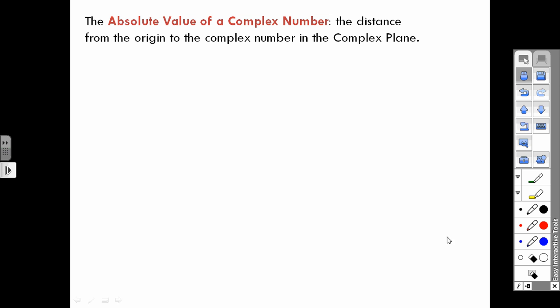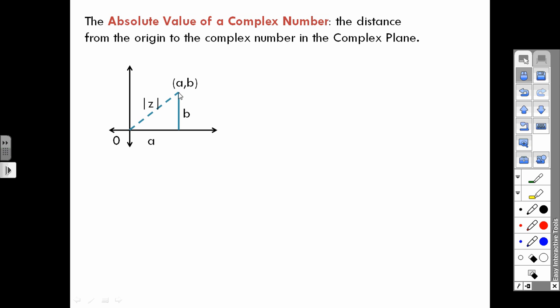So what is the absolute value of a complex number? Well, technically it is the distance from the origin to the complex number in the complex plane. So what does that mean? Well, here's a diagram. How lovely. All right, so if this is the complex plane, here's our number, z, absolute value of z, which would have the point a being the real, b being the imaginary.